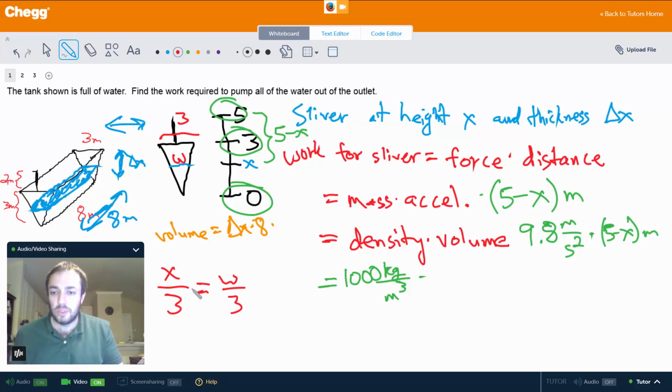So now we can use this to express w in terms of x. Let's multiply both sides by 3, and we end up with x equals w, or in other words, w equals x. So that's really great, actually. That really simplifies things for us, because now this w just equals x.